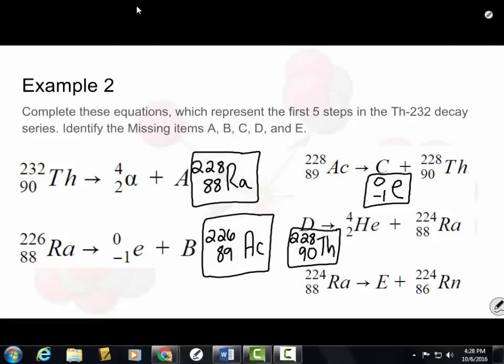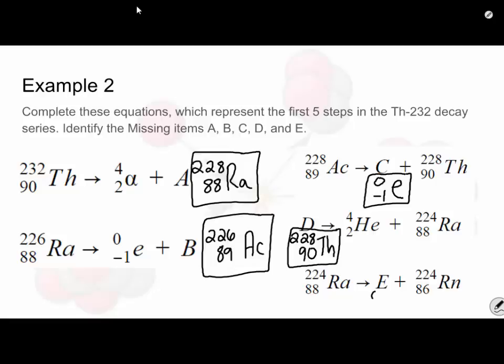Okay, let's try E then. So on our right we have 224. On our left we have 224. So the blank for E has to have 0 on the top because they're already equal. Our bottom number, we have 88 on the left, 86 on the right. I think I might have typed that equation in wrong.